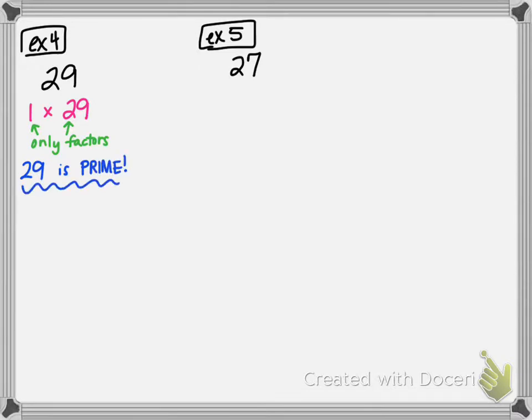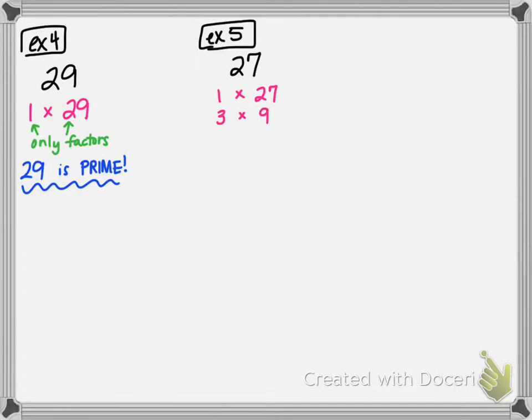Okay. Then our final example here was 27. I'll go ahead and start with 1. I know that 1 times 27 is 27. They're both factors. I don't think 27 divides by 2 because 27 is not even. But I know that 27 divides by 3. 3 times 9 is 27.